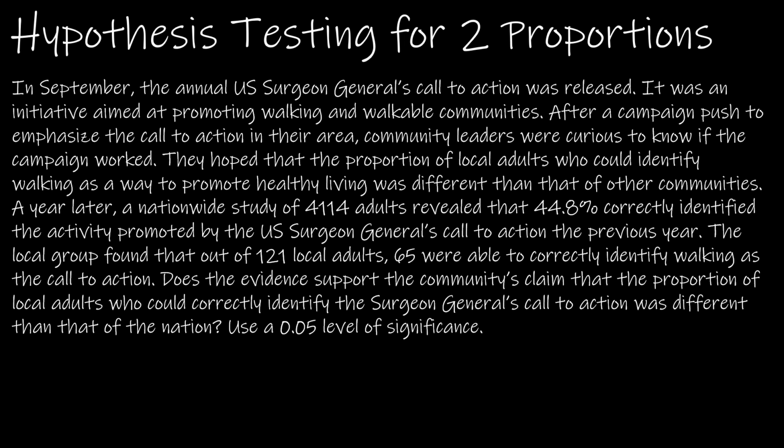So again, different than is going to indicate that the null hypothesis is that they were equal, and the alternative hypothesis is that they are not equal, different than. 1 year later, a nationwide study of, so we're going to use 4114 for N1, revealed that 44.8% correctly identified the activity.